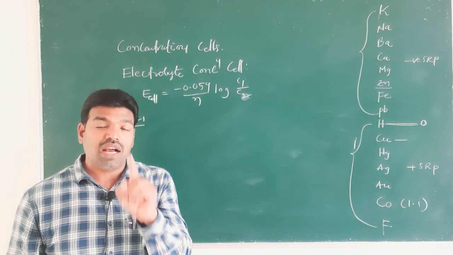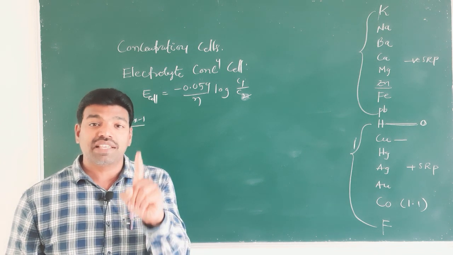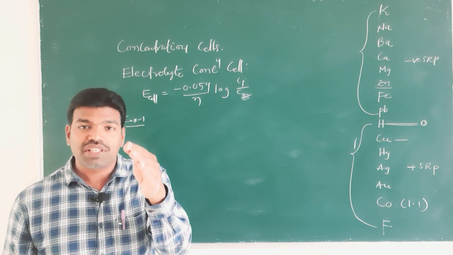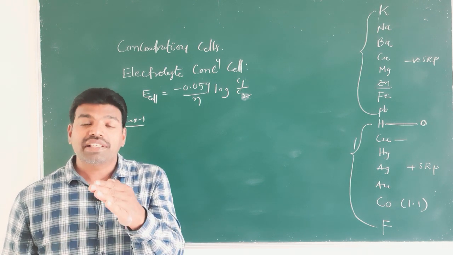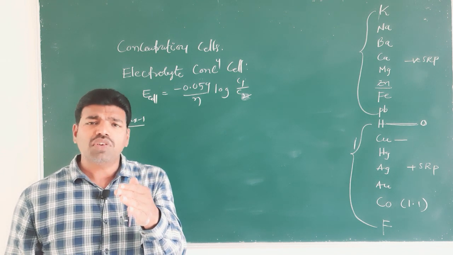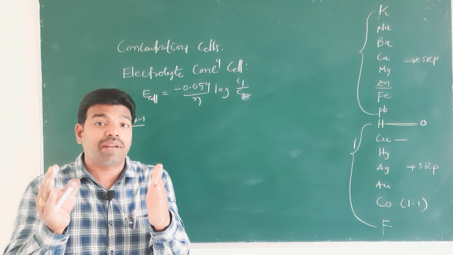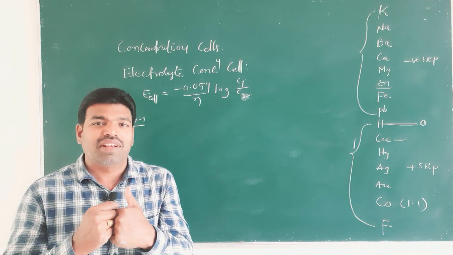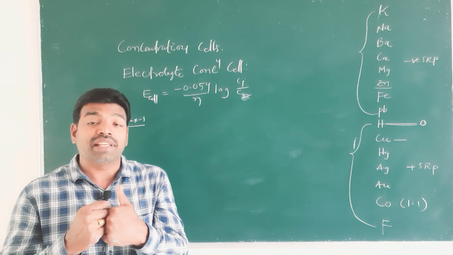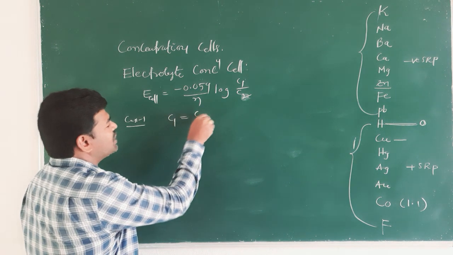So at the start, the EMF of this cell is high and gradually it decreases to 0. It becomes 0 when the two concentrations of electrolyte become equal, that is, case 1 is when C1 equals C2.